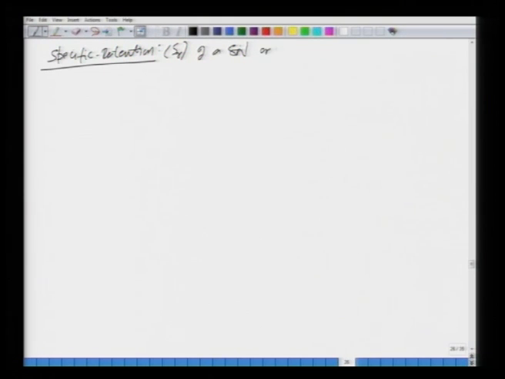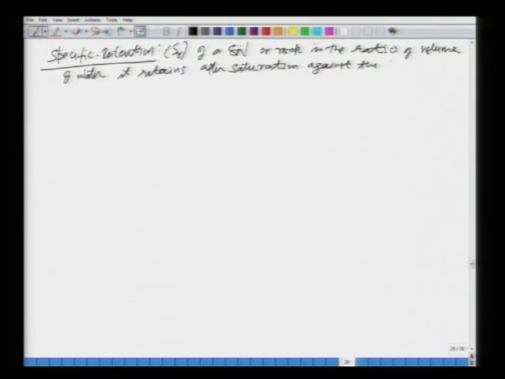For a soil or rock, and we are talking aquifer here, it is the ratio of the volume of water it retains after saturation against the force of gravity to its own volume, or to its total volume.